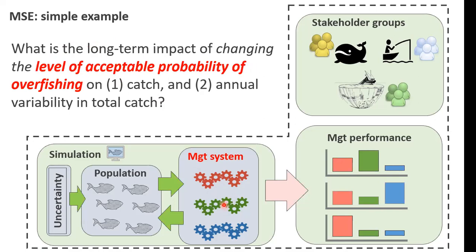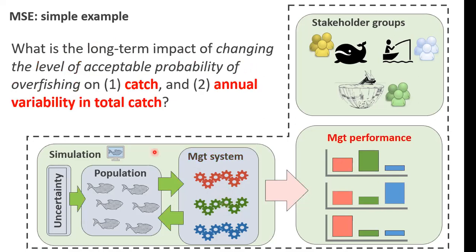And then the second part of this is dealing with catch and annual variability in total catch. So these are objectives that stakeholders might be interested in, and that's when we're looking at the performance of the overall system. Those are performance metrics.